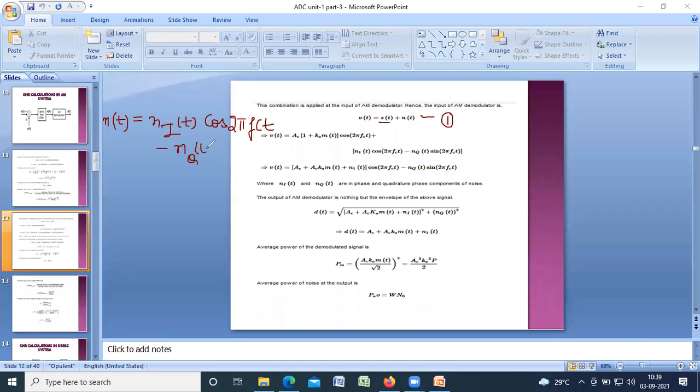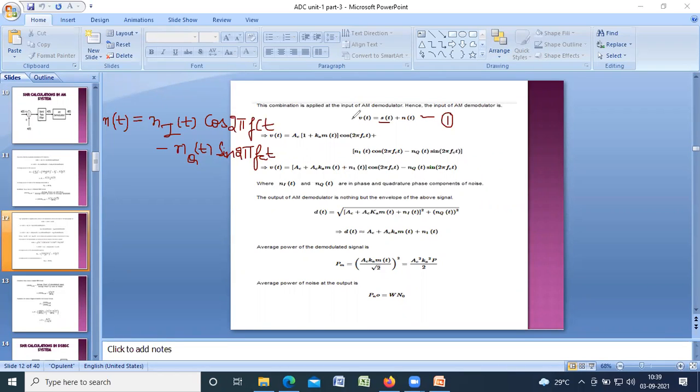So there are two components in a noisy signal N of t. One is the in-phase component and the second is the quadrature component. nI(t) cos 2 pi fct minus nQ(t) sin 2 pi fct.